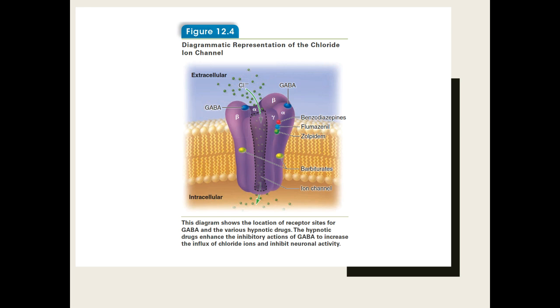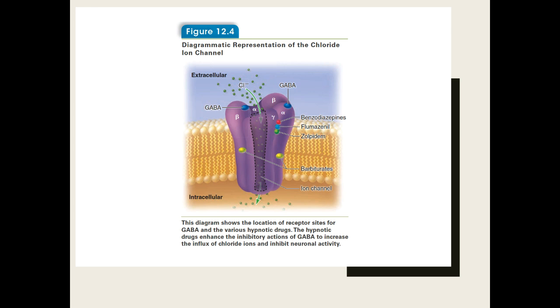And so we've got this chloride ion channel, and we're stimulating GABA here. And with our benzodiazepines, that's our Ativans or your Xanax, Valiums, your benzodiazepines, they're going to bind there. They're going to bind to GABA and stimulate GABA. And we also have barbiturates that are going to bind to GABA and stimulate GABA.